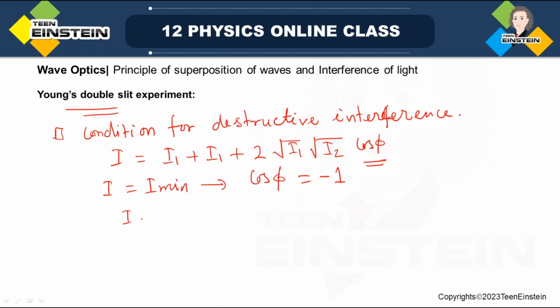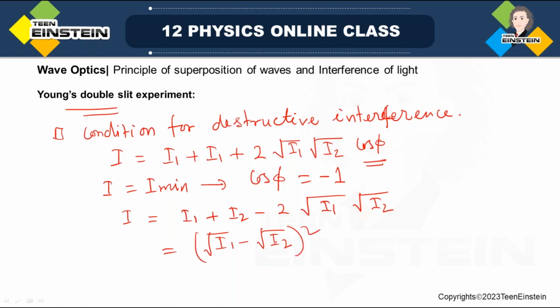At that time the intensity is I equals I1 plus I2 minus 2 root I1 root I2. So this gives root I1 minus root I2, whole square. So this is the minimum intensity.